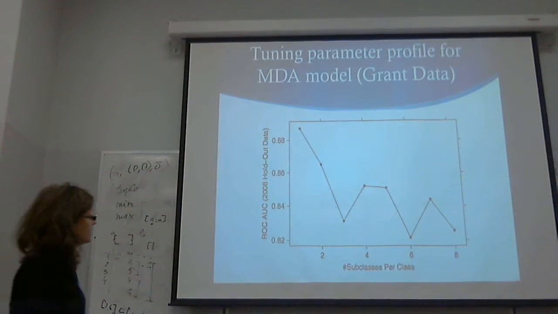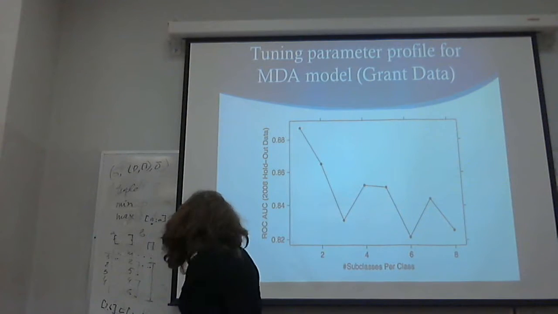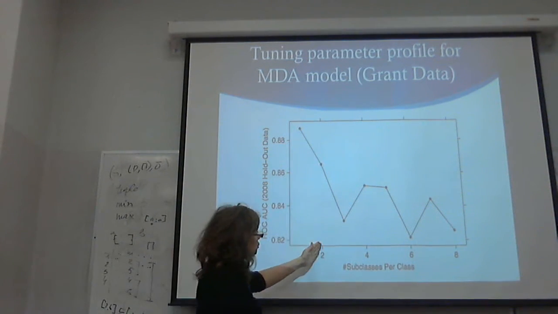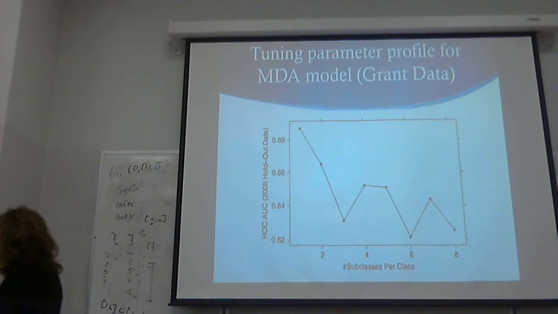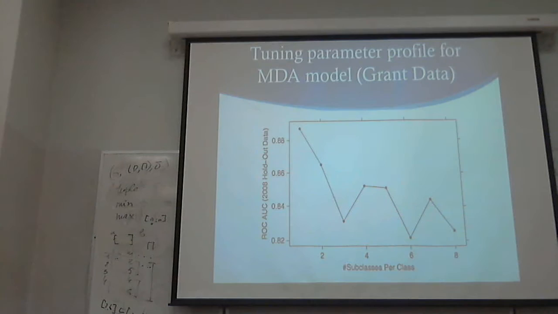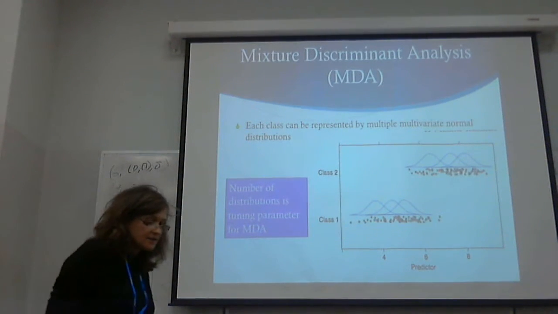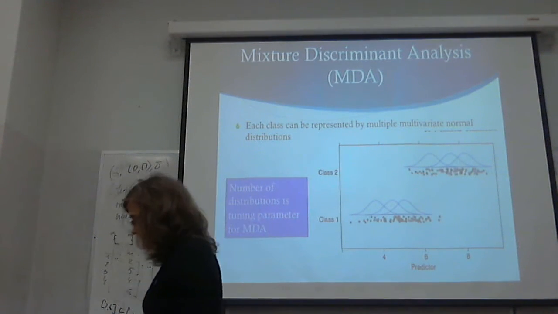Actually, for this particular data, the best tuning parameter is just one distribution. The model tried 2, 3, 4, 5, up to 8 to approximate. That's why I asked you to look at the data, and the data are binary. Most of the data are binary.